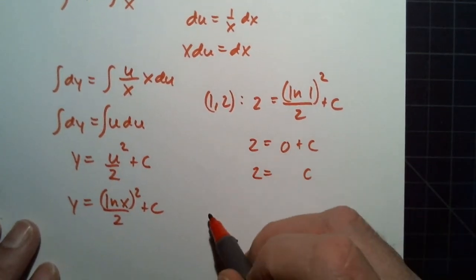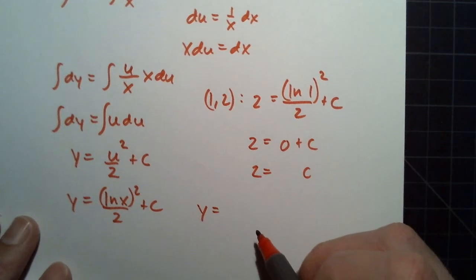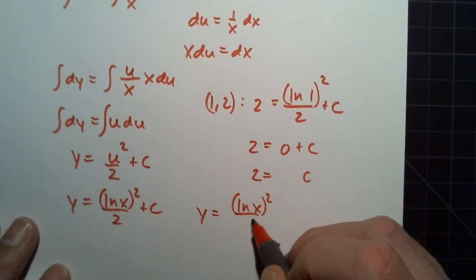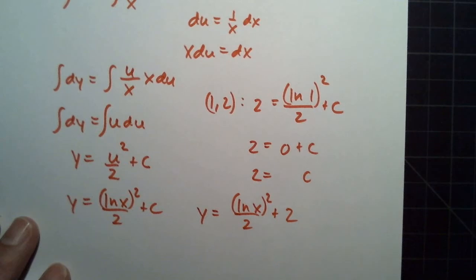C is 2. And the particular solution is ln x squared over 2 plus 2. And let's just do one more.